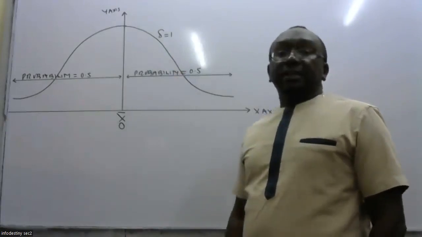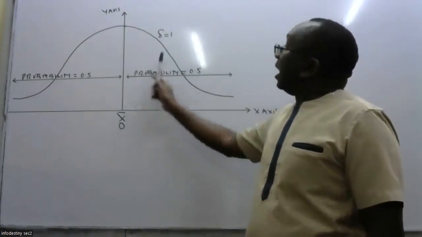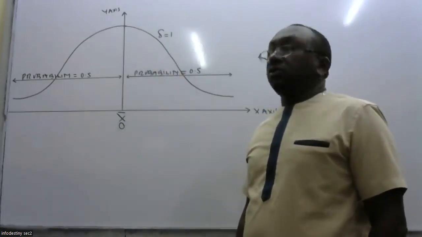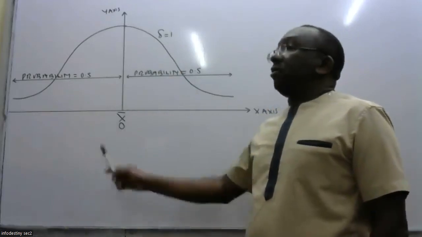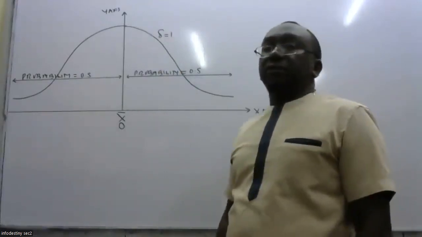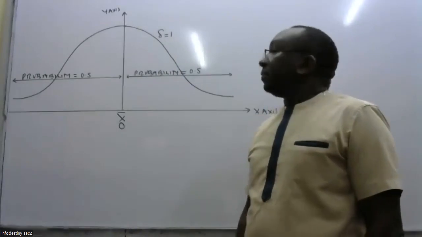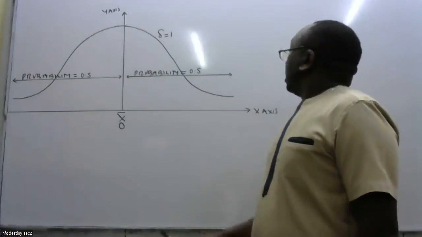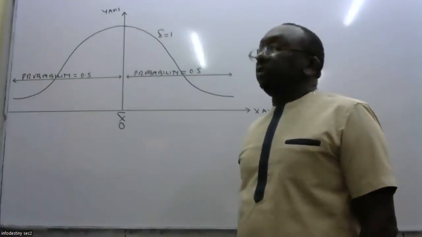But in the event that these two conditions are not satisfied, then we use the Z standardization formula, which we already have written, and we shall be writing it almost everywhere to compute the probabilities.